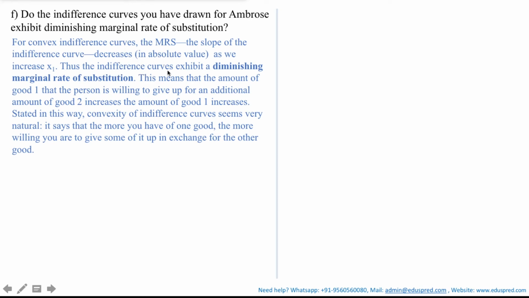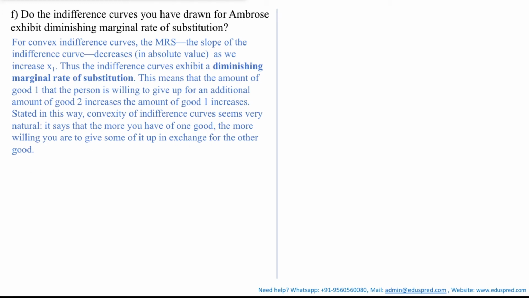Thus, the indifference curve exhibits a diminishing marginal rate of substitution. This means that the amount of good 1 that a person is willing to give up for an additional amount of good 2 increases as the amount of good 1 increases. Stated in this way, convexity of the indifference curve seems very natural. It says that the more you have of one good, the more willing you are to give some of it up in exchange for the other good.